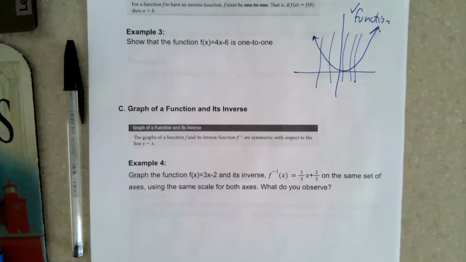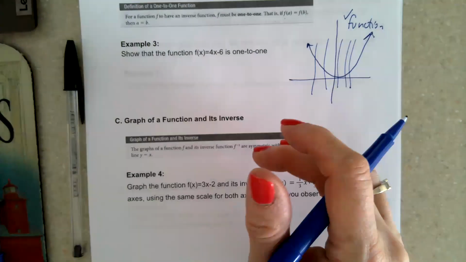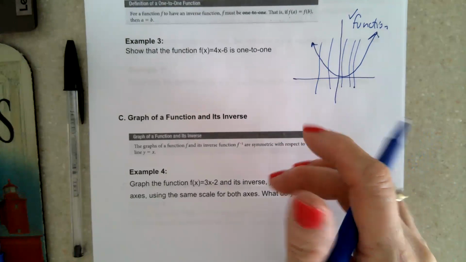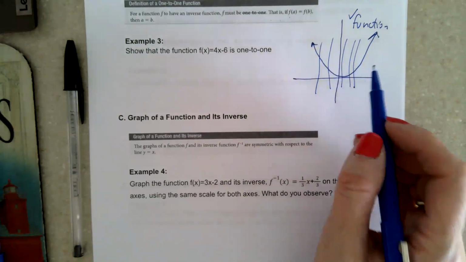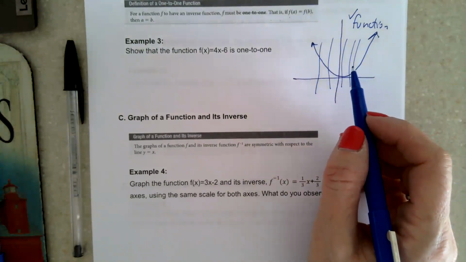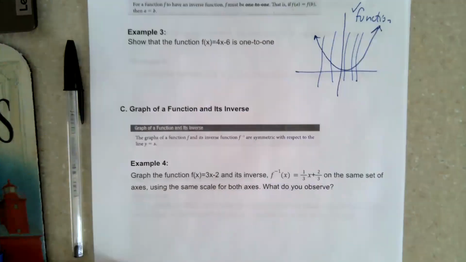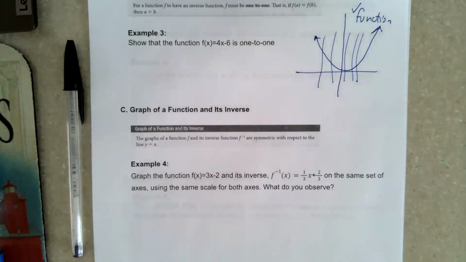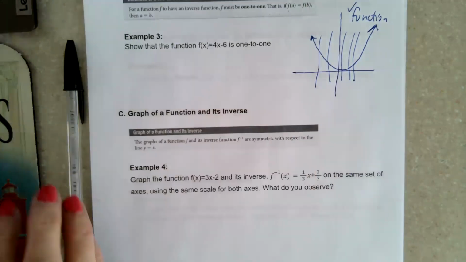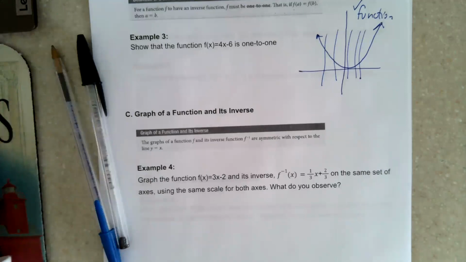Okay. And so every f of a can only go to one f of b. So I'm going to show you an example here. It says show that the function f of x equals 4x minus 6 is 1-to-1.